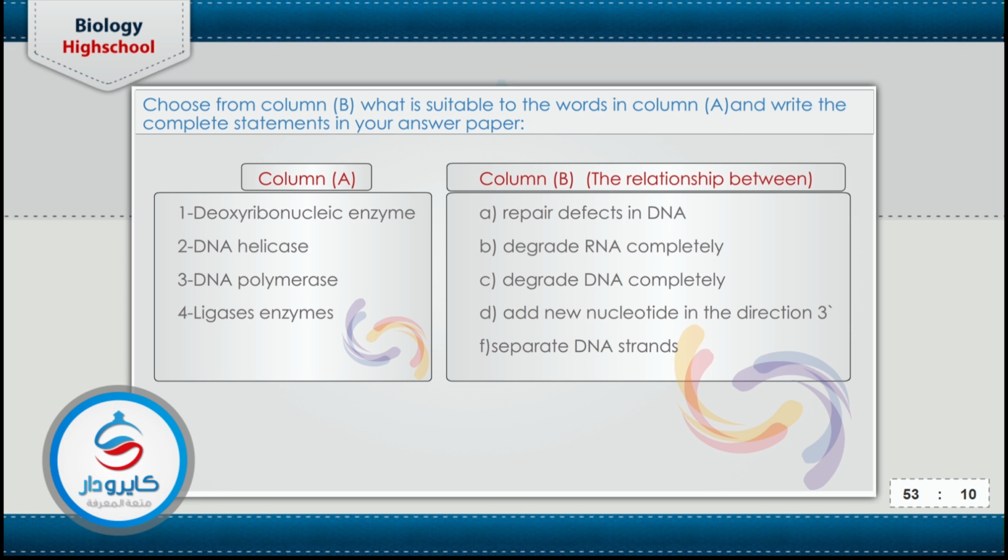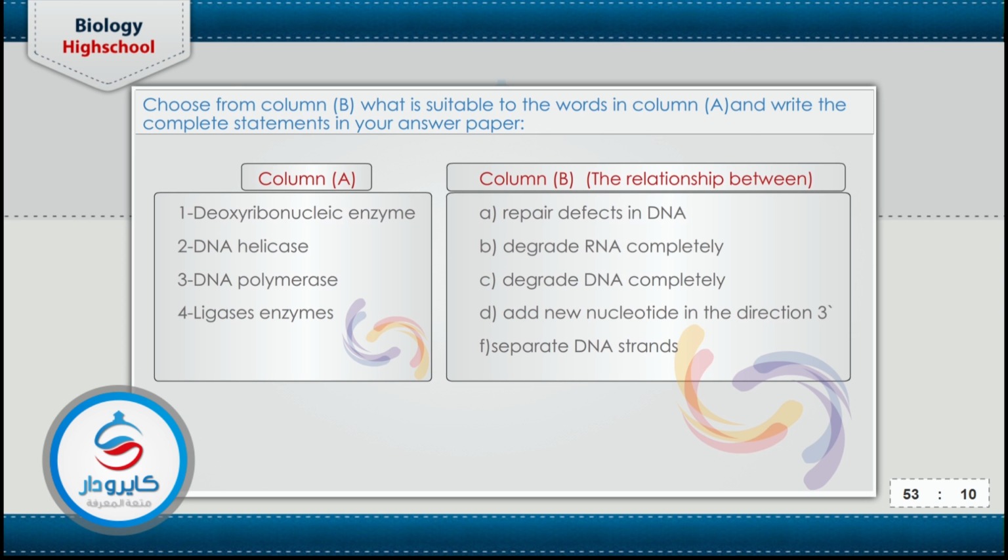The ligase enzyme determines the defect in the DNA and forms a suitable nucleotide to repair the damaged parts in DNA. We understand that the ligase enzyme needs the complete genetic information in one of the two strands to act as a template to repair the other one.